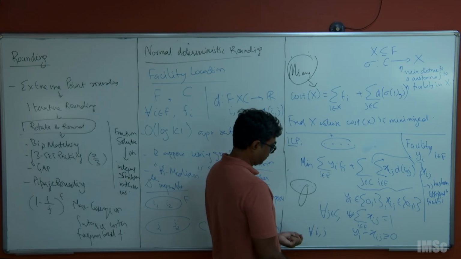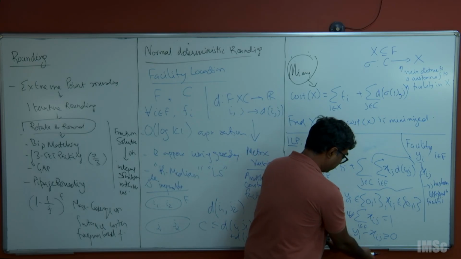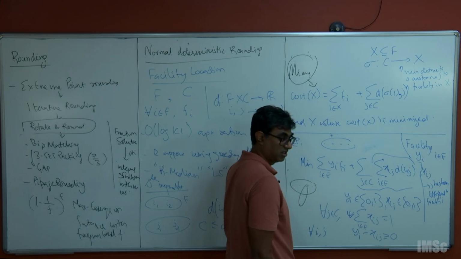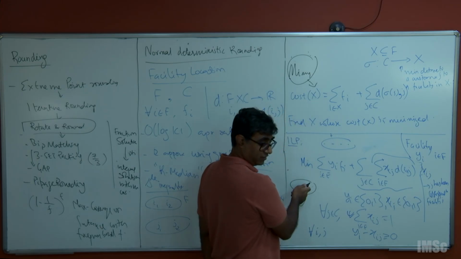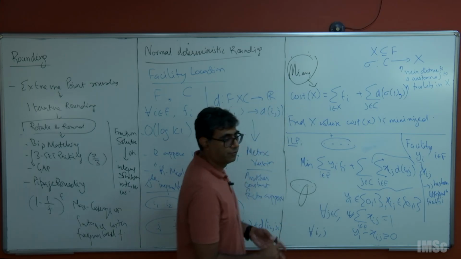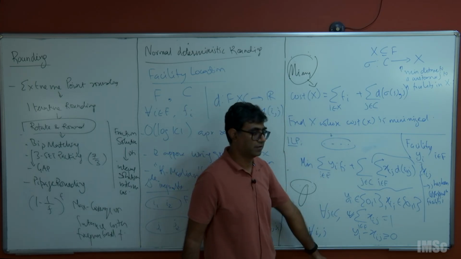And for all i, j, yi minus xij is greater than or equal to 0. It means the facility he is assigned to must have been opened, so that facility exists in my solution. So if you give me the best integral solution, that is definitely a feasible solution.